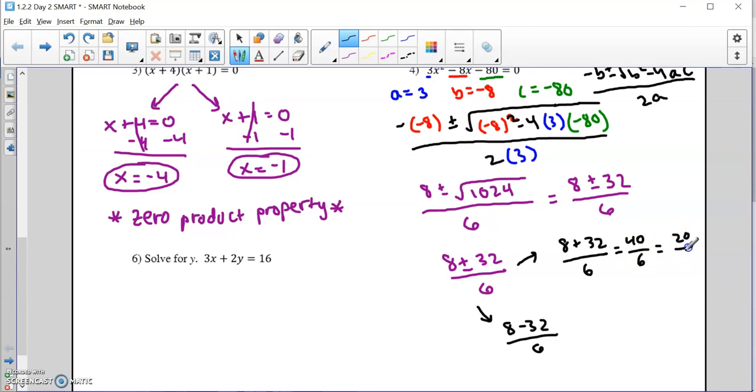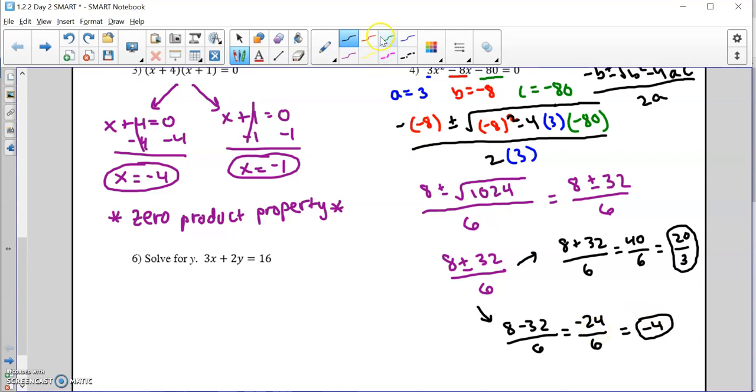Simplified fraction form would be 20 over 3, so that's the best answer you could type in for MyOpenMath. They would probably accept 40 over 6 as well, though. Okay, and then 8 minus 32 is going to give us a -24. Okay, -24 over 6, so for that one we're just going to get a -4. Okay, and those are your 2 answers.